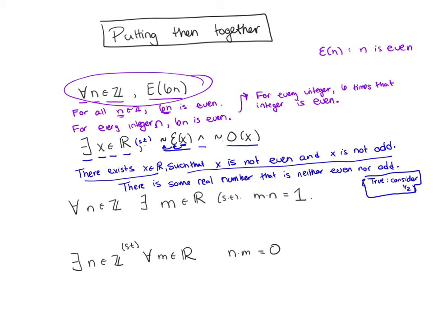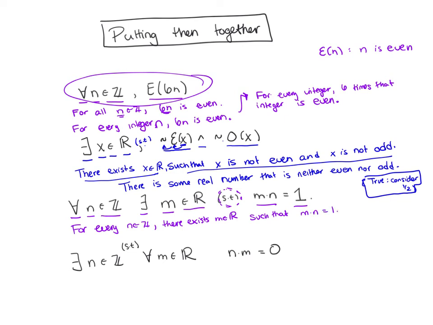Next we have for every n in Z, there exists an m in R. Again, we have that implied "such that". So even if I didn't write this here, we would still say such that m times n equals 1. So for every n in Z, there exists m in R such that m times n is 1.